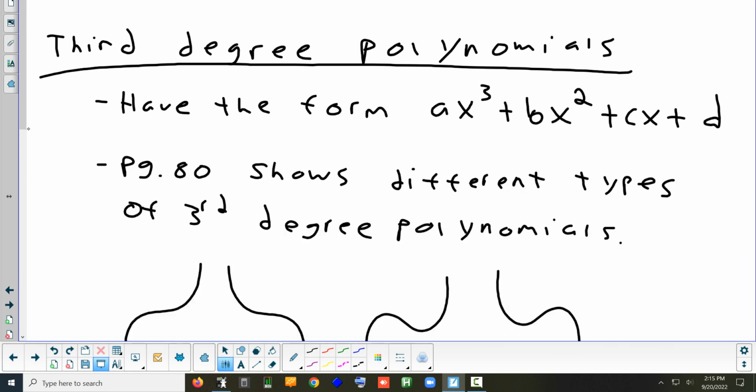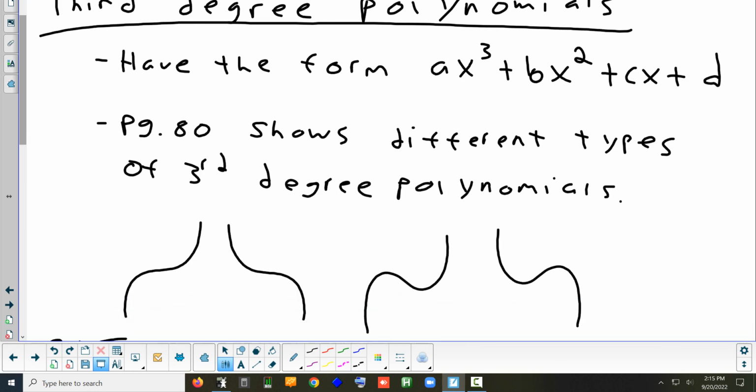I've already shown you all the different types you can get. It always goes up on one side, and it goes down on the other. Sometimes you have two turns in the middle. Sometimes you only get something that tries to turn, but it never really does, and it just bends. But that's the basic shape of all third-degree polynomials.